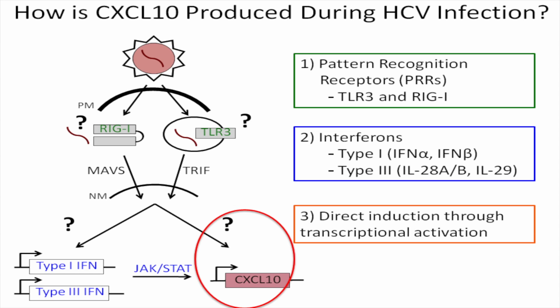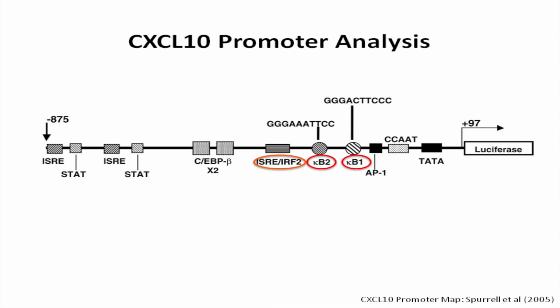So if it's not interferon, then it must be over here. There must be some transcription factors that are directly activating CXCL10. We figured that the two likely candidates would be NF-kappa B, and there are several sites annotated in the CXCL10 promoter. There are several binding sites for STAT and possibly other interferon regulatory factors.